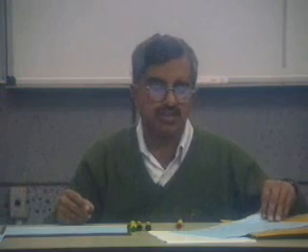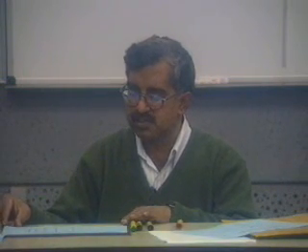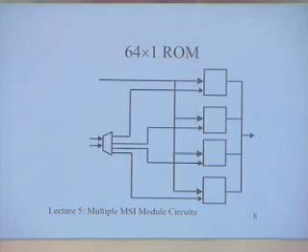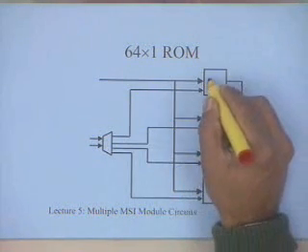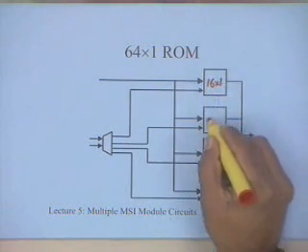Okay, so now let's go to the third component that we wanted to make using multiple modules, and this is a ROM. So I am trying to build a 64:1 ROM using 16:1 ROMs.